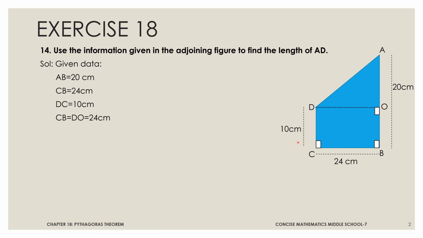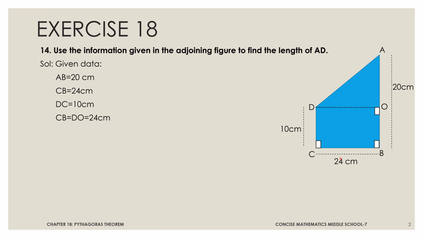That means it should be a square or a rectangle, right? For a square all the sides are equal, but have a look over here, DC is 10 centimeter and here CB is 24 centimeter. So it means that it is a rectangle, not a square, right?